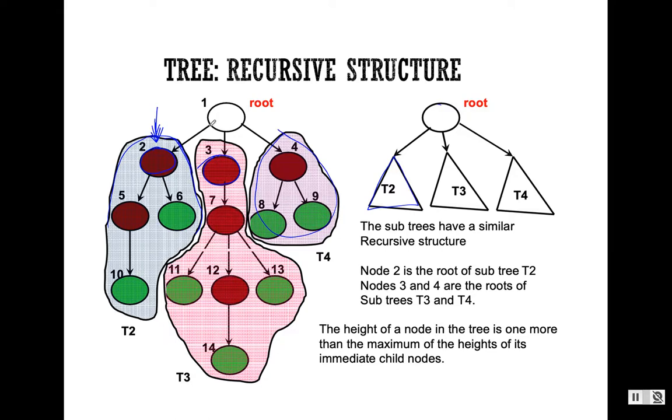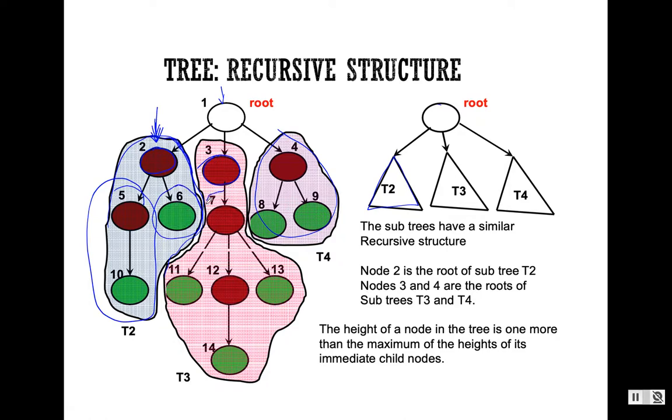So we can say that a root node has children, and all of the children can also be considered as subtrees. This node has 3 subtrees. Again, starting from node 2, we have 5 and 6, and this one is also a tree, but with only one node.